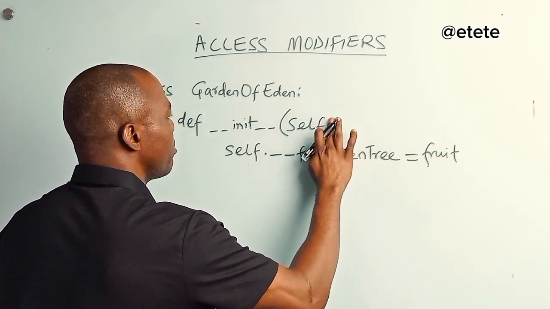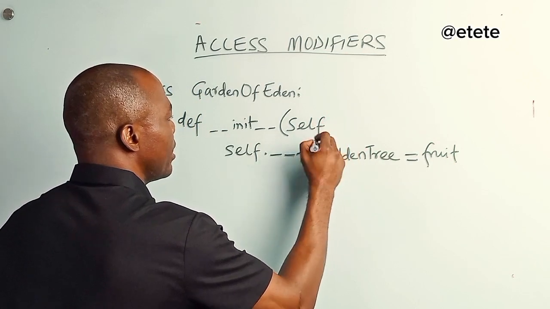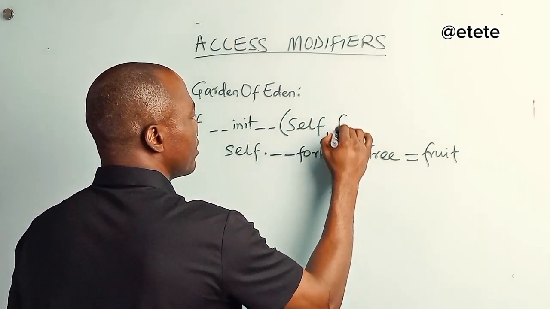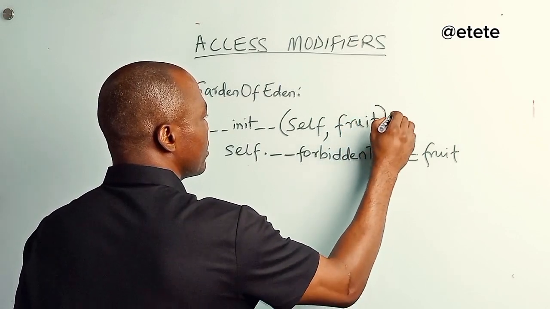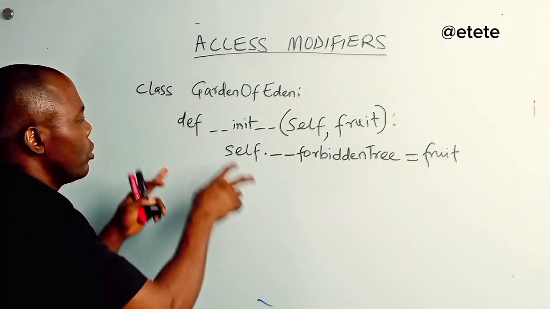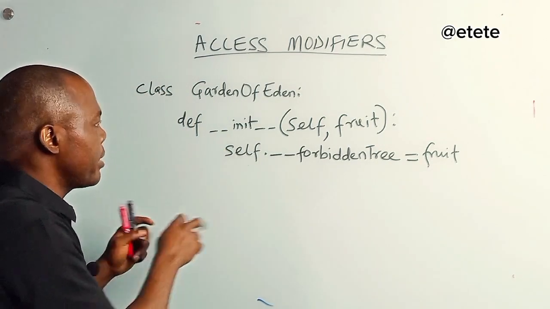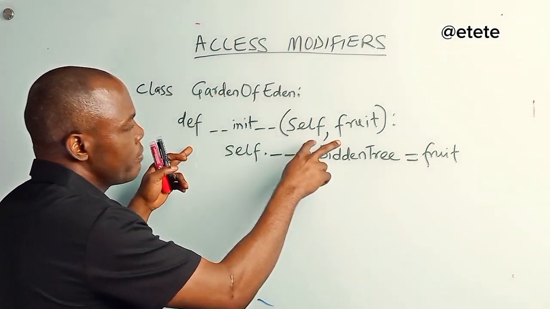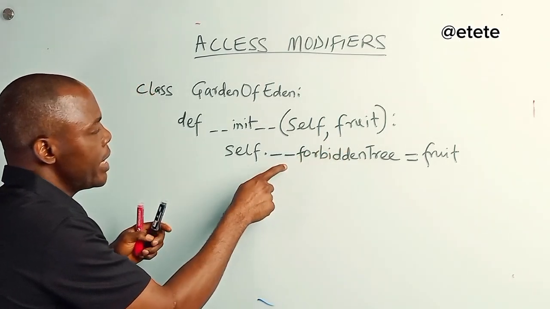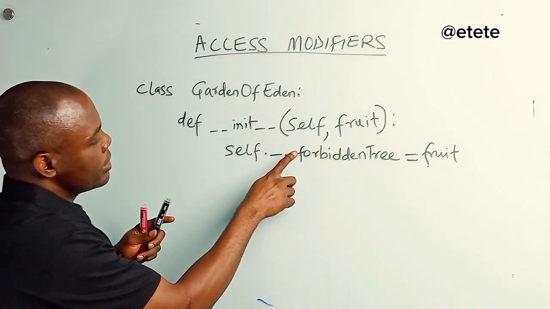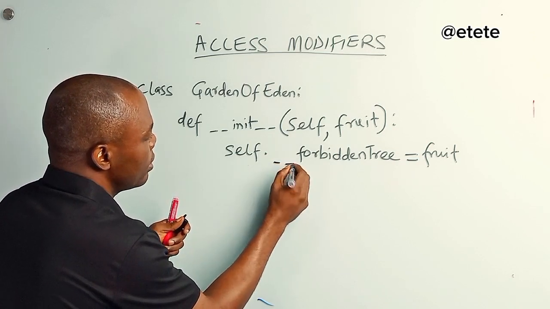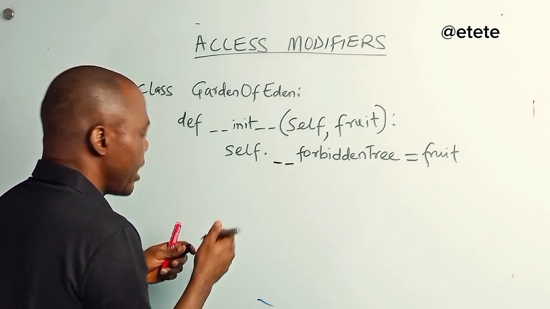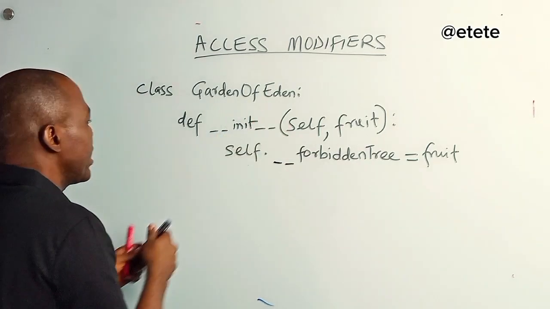So let's supply another parameter to it. All right. This is what we have created, right? So we've created our class and we've created the init method. And then we are having this as, it's not dash, it's underscore, double underscore.